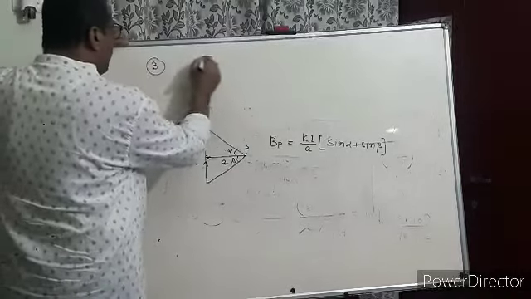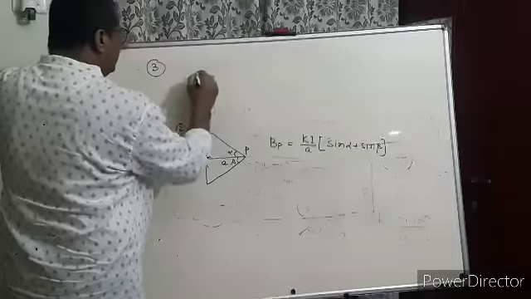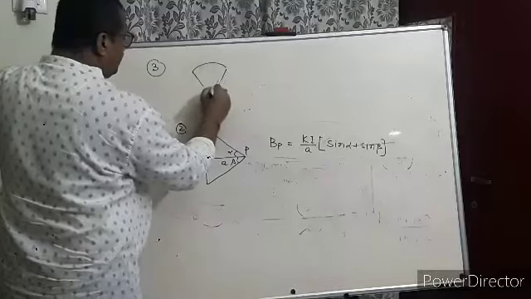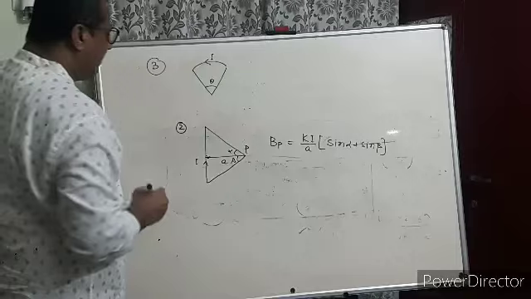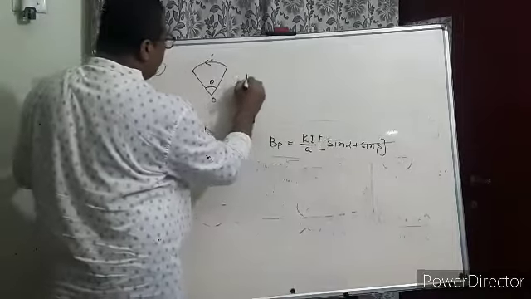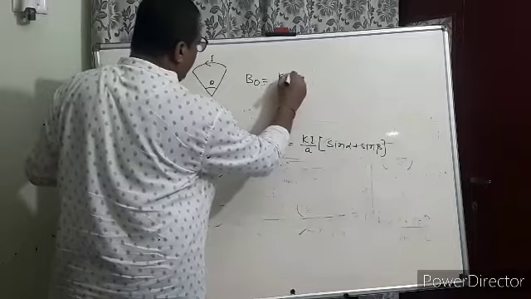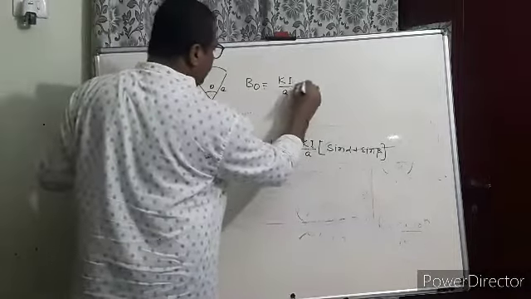there is a segment of circular wire, this is theta, and current is flowing here. Then the magnetic field at point O is equal to Ki by A, where A is the radius, into theta.